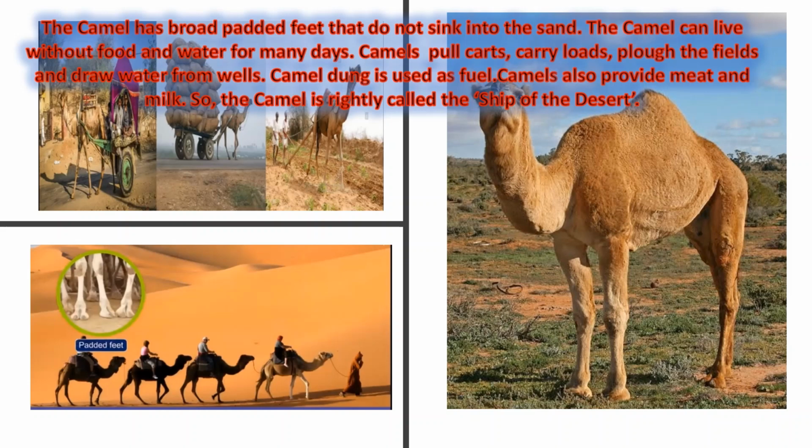Camels pull carts, carry loads, plow the fields and draw water from wells. Camel dung is used as fuel. Camels also provide meat and milk. Life in the desert would indeed be difficult without the camel. So the camel is rightly called the ship of the desert.